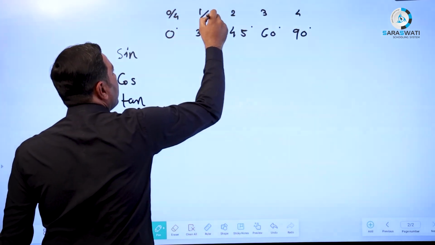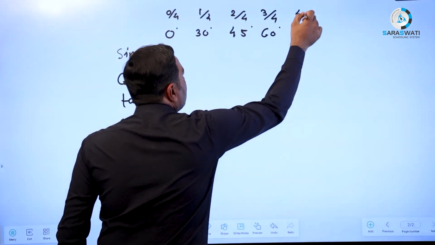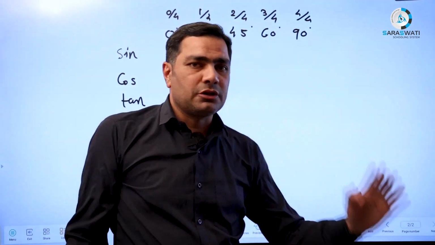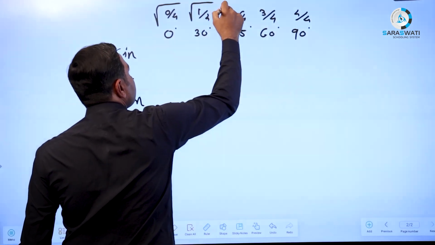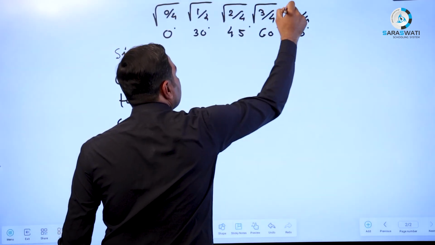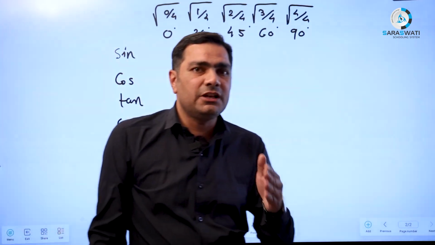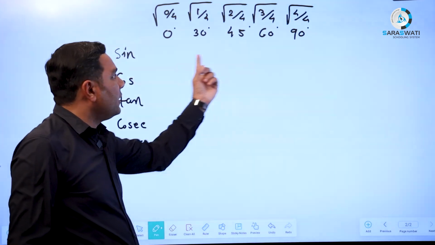All will be divided by 4. And after this, you just have to take the square root. That's it. Let us apply it to each and every term. Your answers for this sequence will be nothing but the sine values.